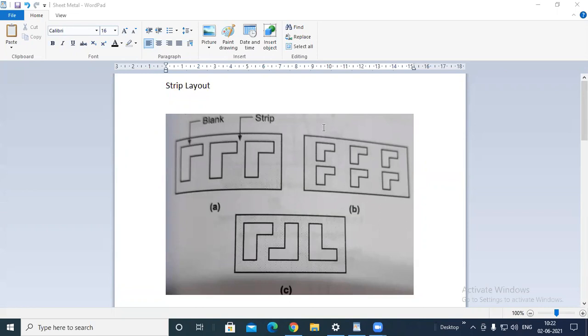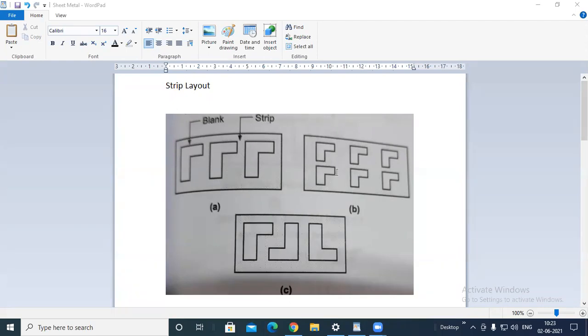Now if you see figure B, here double rows are there, so it is a double row design. In this the strip can also be fed twice. So this is the double row, double pass.